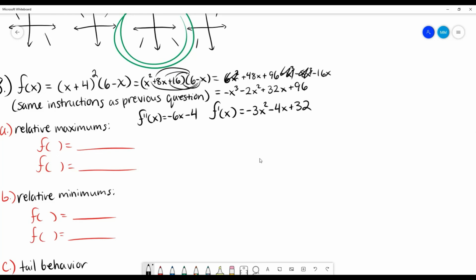Okay, so remember the quadratic formula is this here.